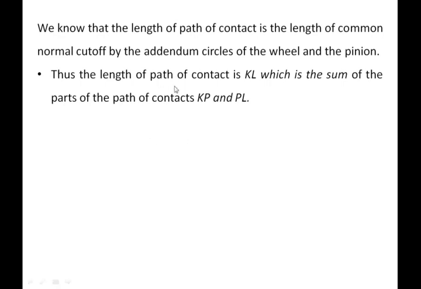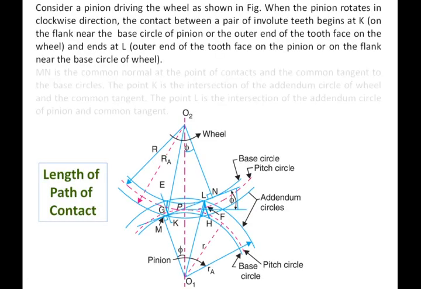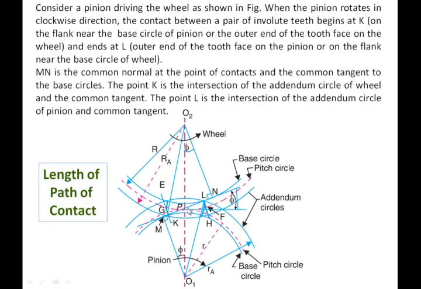Further, we know that the length of path of contact is the length of common normal cut off by the addendum circles of the wheel and pinion. Hence, the length of path of contact is KL, which is the sum of the parts of the path of contact, KP and PL.